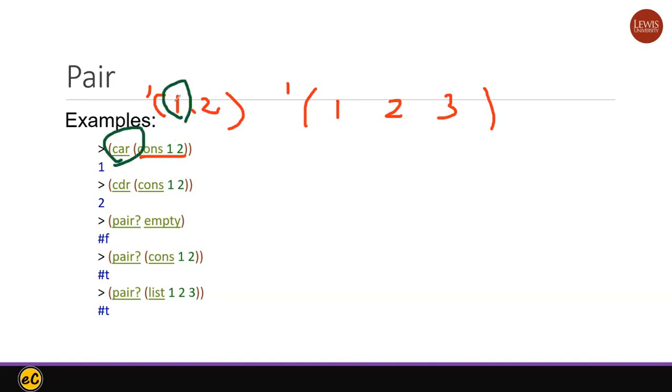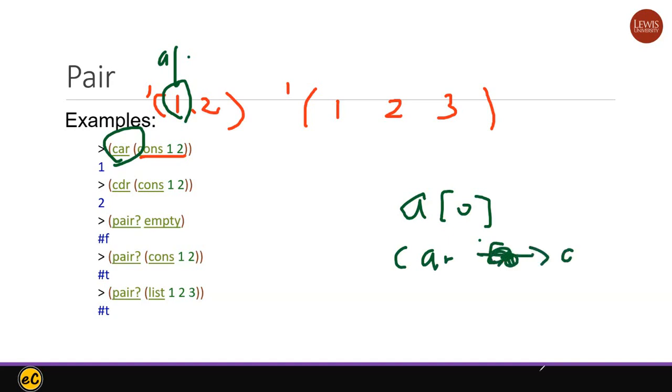Car will get the first element, the leading element of the list. This cdr, you get the remaining elements. Cdr will get the remaining elements.